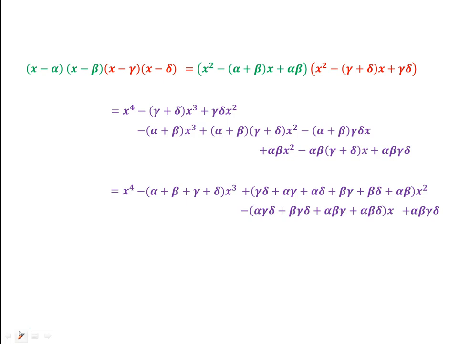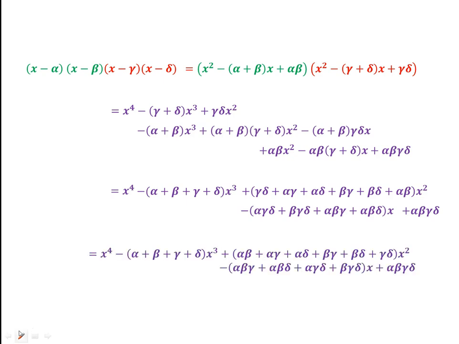It's probably convenient just to reorder the x squared terms and the x terms so that the Greek letters appear in alphabetical order. So we've got x to the 4 minus (alpha plus beta plus gamma plus delta) times x cubed plus (alpha beta plus alpha gamma plus alpha delta plus beta gamma plus beta delta plus gamma delta) lots of x squared, minus (alpha beta gamma plus alpha beta delta plus alpha gamma delta plus beta gamma delta) times x plus alpha beta gamma delta.